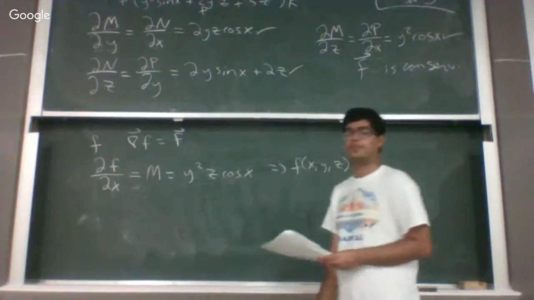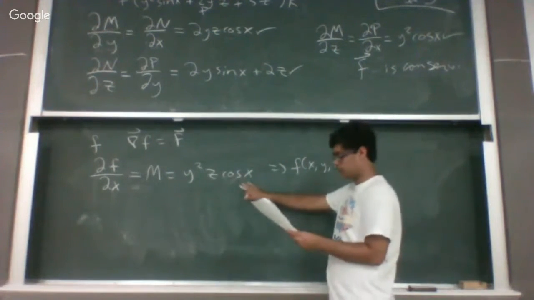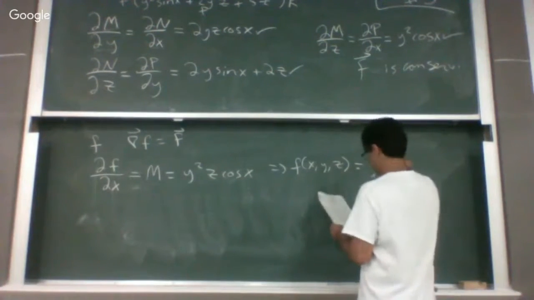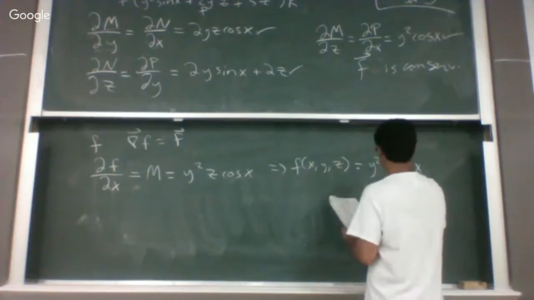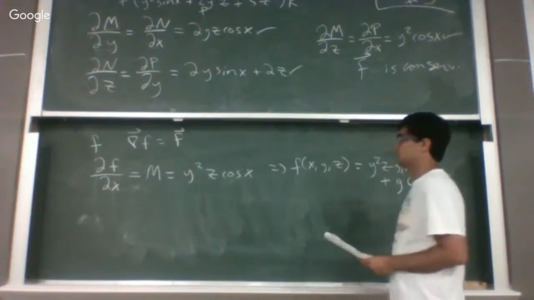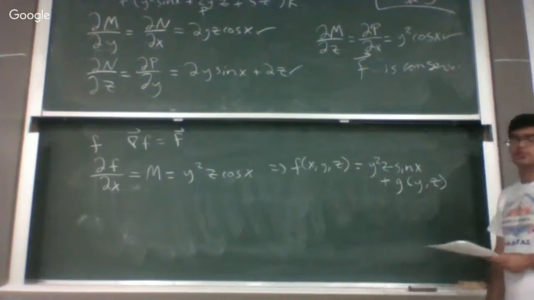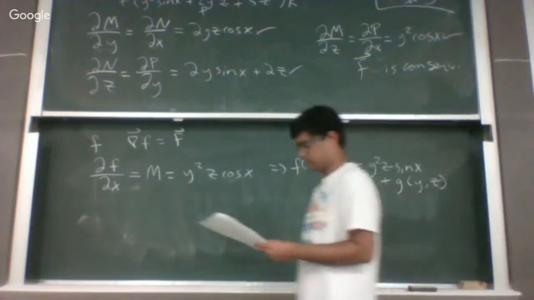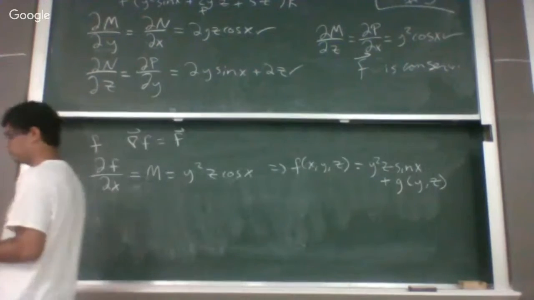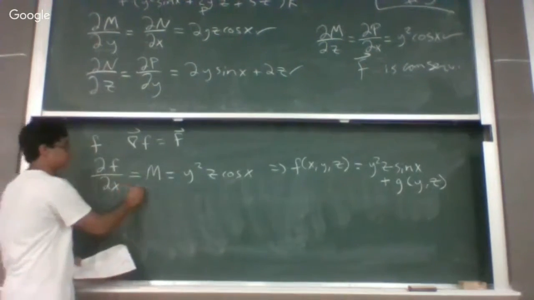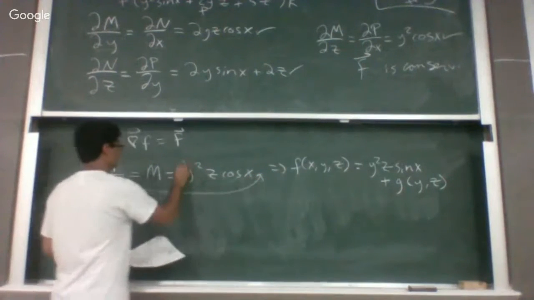The integral of this is y squared z sine x plus g of y comma z, because f is a function of x, y, and z. So we still need a component with y and z. You bring this to this side and do the integral.